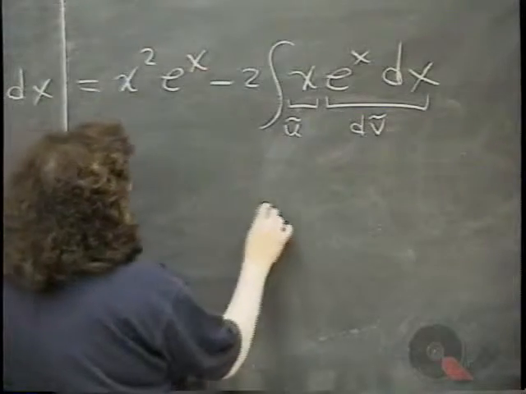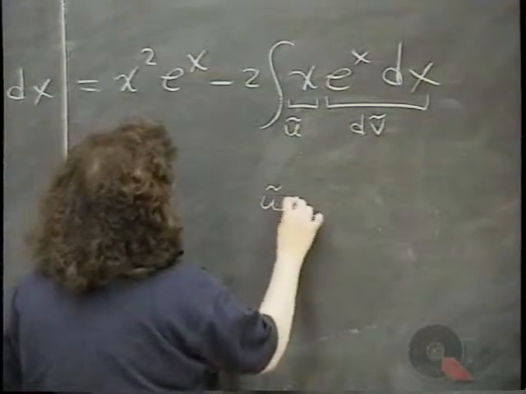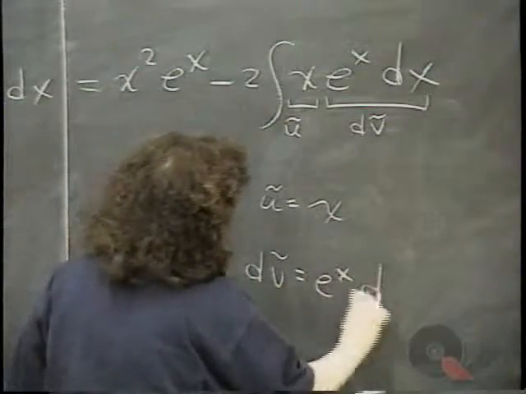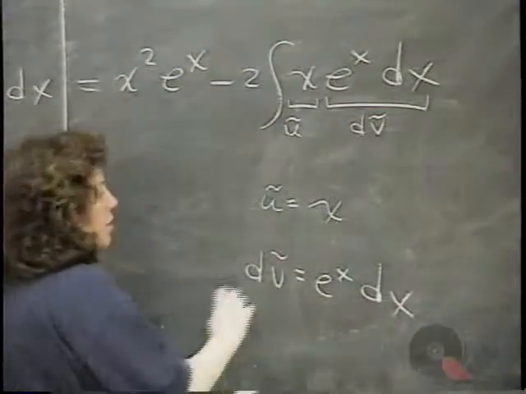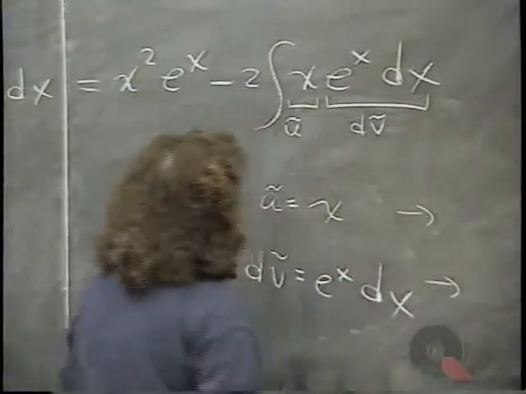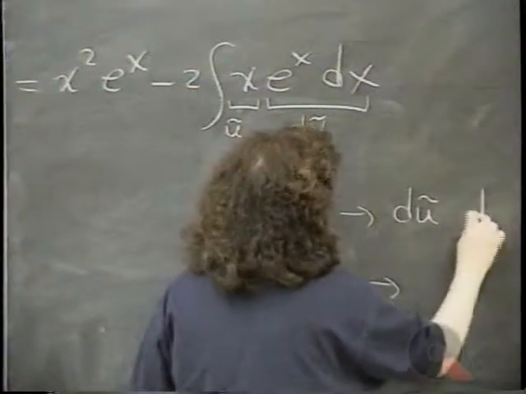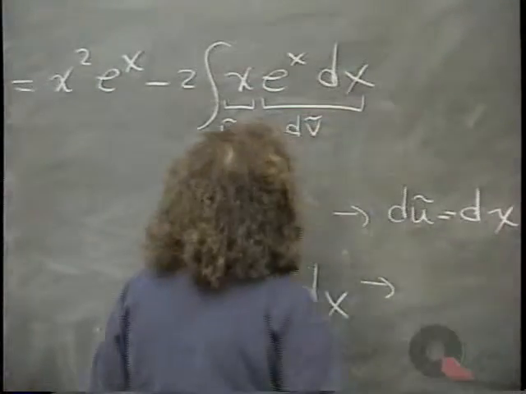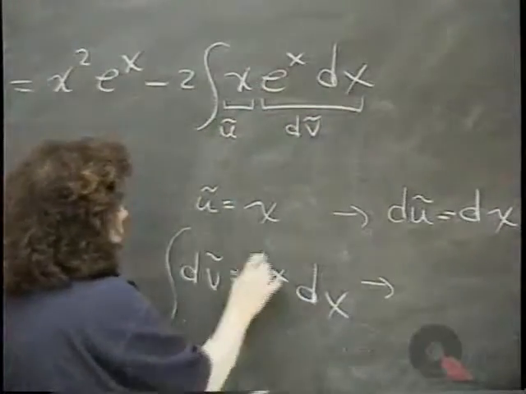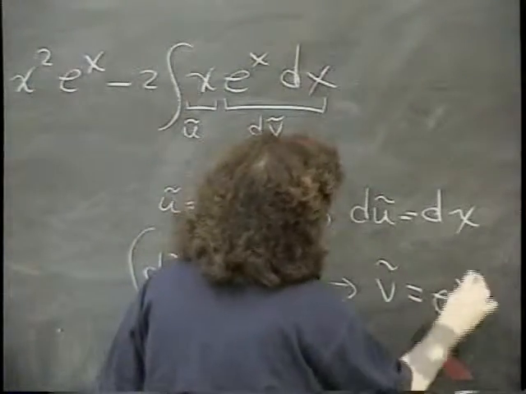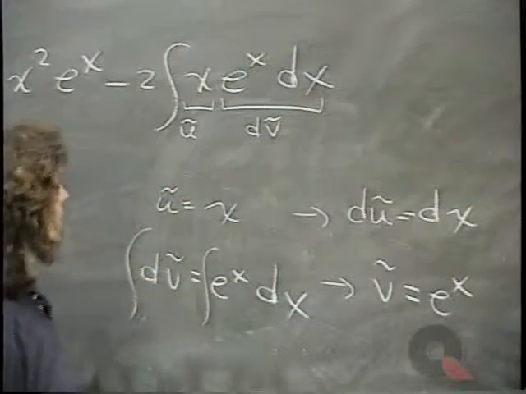So the new u is x, the new dv is actually the same as the old dv. It's a good habit to just change your letters around here. Now the new du is going to be dx, and integrating both sides, the new v is going to be e to the x plus a constant.